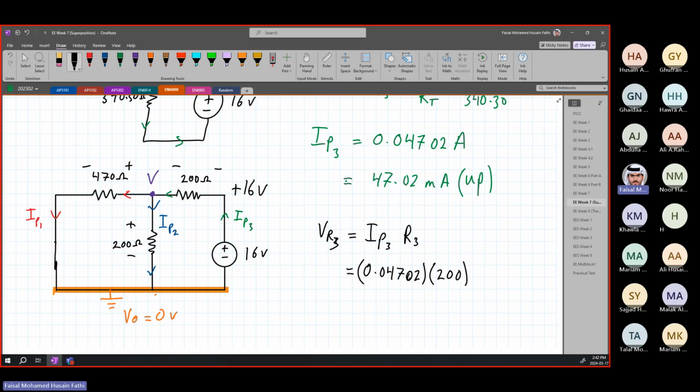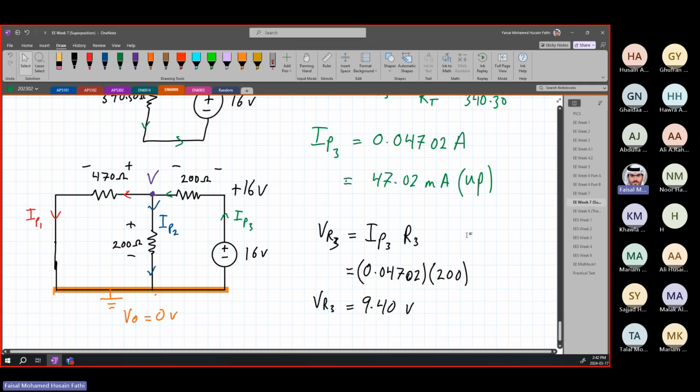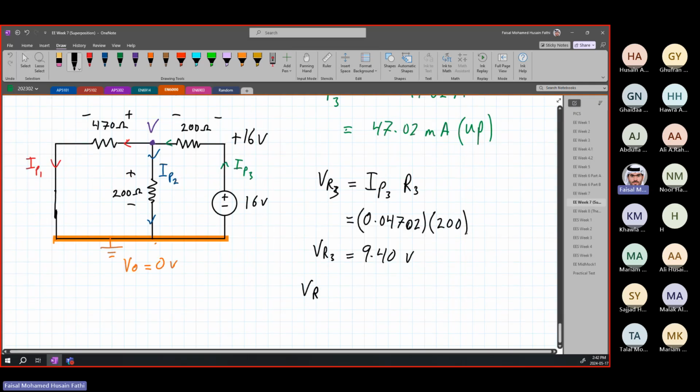We find that VR3 is equal to 9.40 volts.